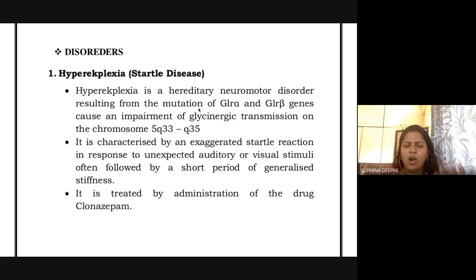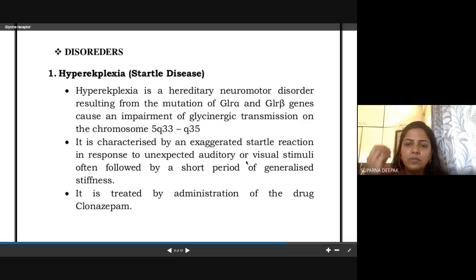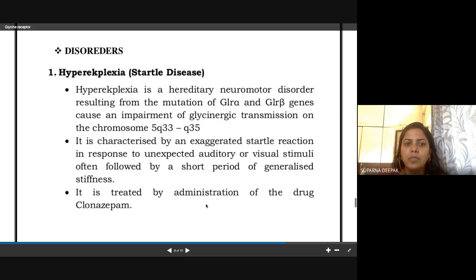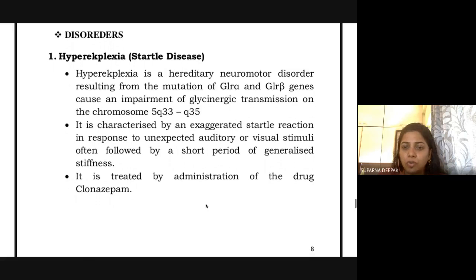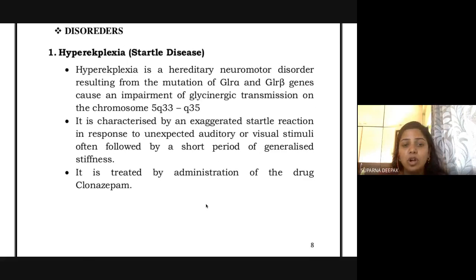Whenever there is a small stimulus, these kids get startled, they get very excited. Startling means getting frightened. Even a slight sound makes them startle. Because these receptors are not working, inhibition does not take place.